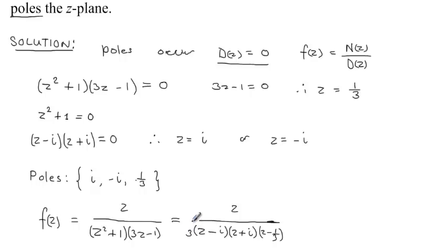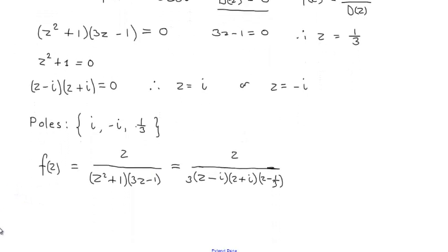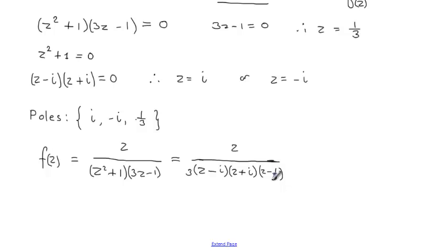In this case, we're expressing this function with its denominator factorized fully and being able to see each of the poles we identified here.